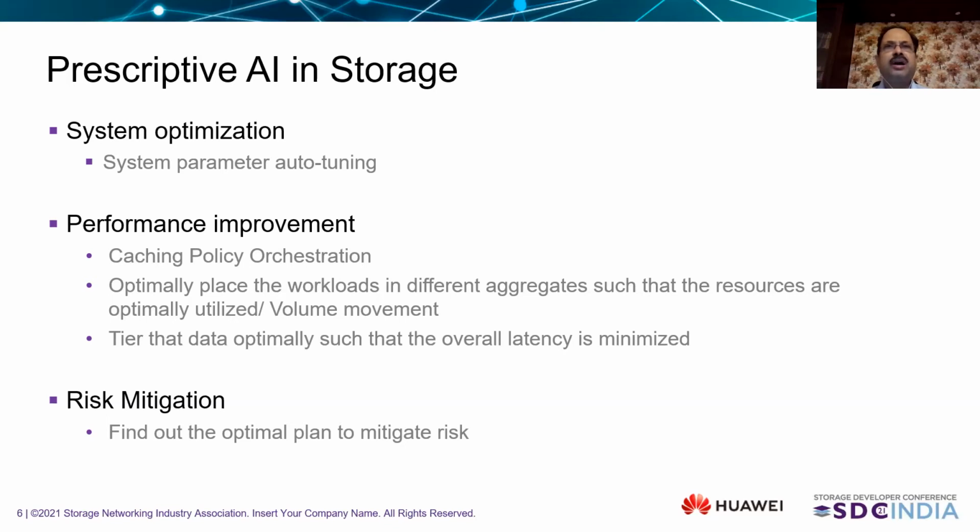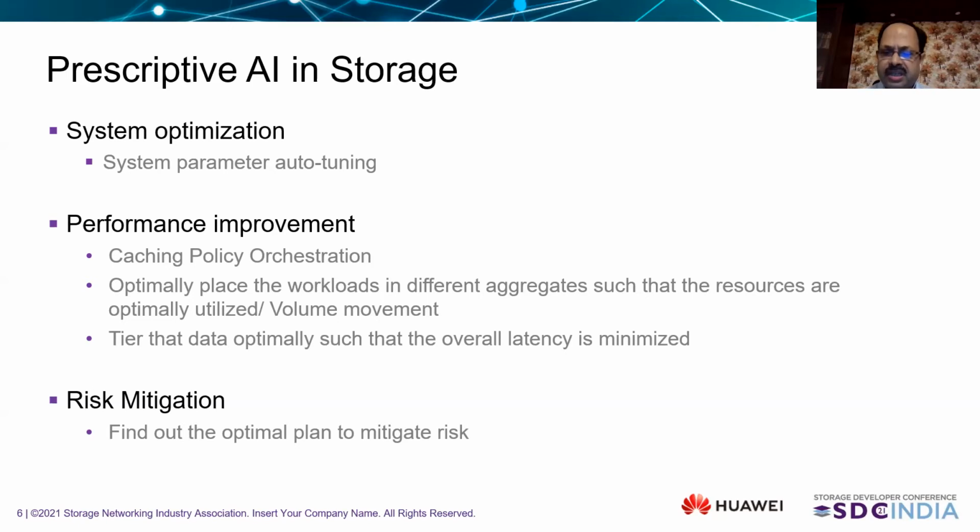So how to judiciously move the data from the performance tier to the capacity tier and back from the capacity tier to the performance tier, so that the performance is never compromised, and also it does not occupy the performance tier storage space unnecessarily when the data is not being used. All these decisions have to be made through prescriptive AI. Then risk mitigation, find out the optimal plan to mitigate risk. That is the domain of prescriptive AI.